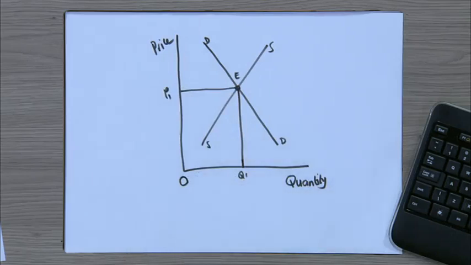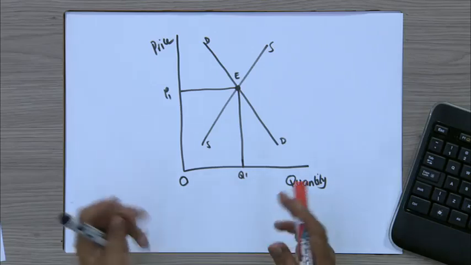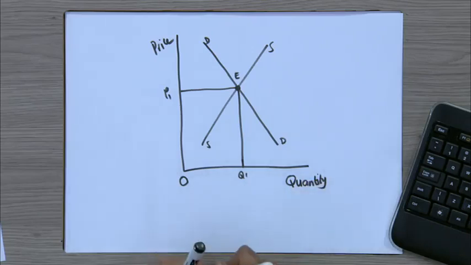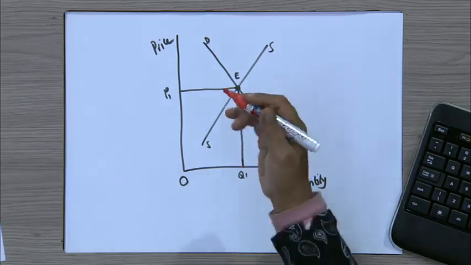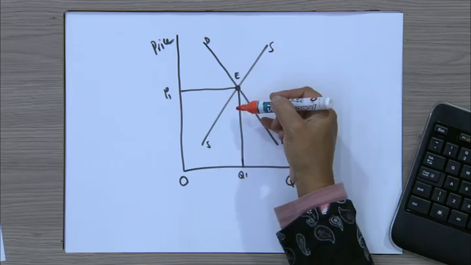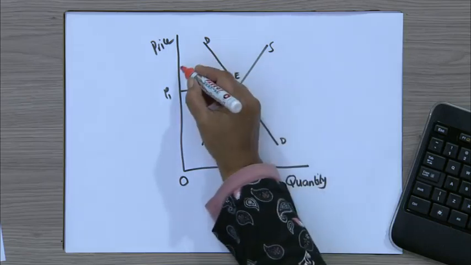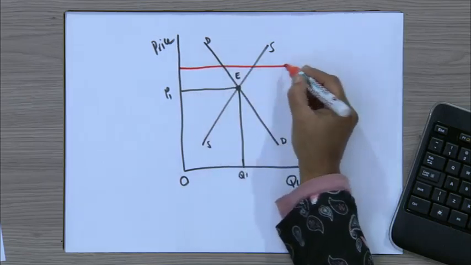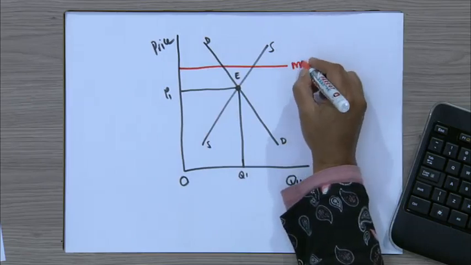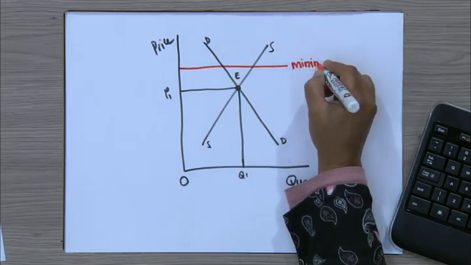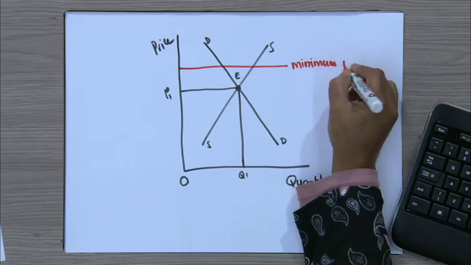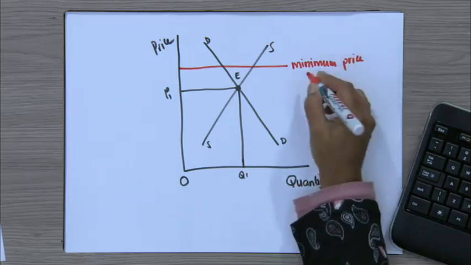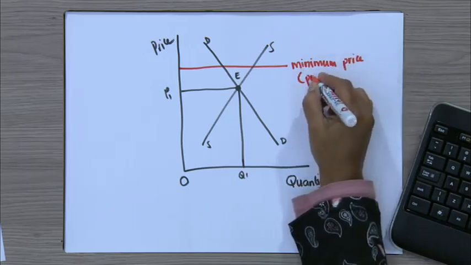Right. So as we said before, your maximum price had benefited your consumers. So the opposite of your consumer is your producer, and your maximum price was below equilibrium. Now your minimum price is above equilibrium, right? That's your minimum price, also known as a price floor.